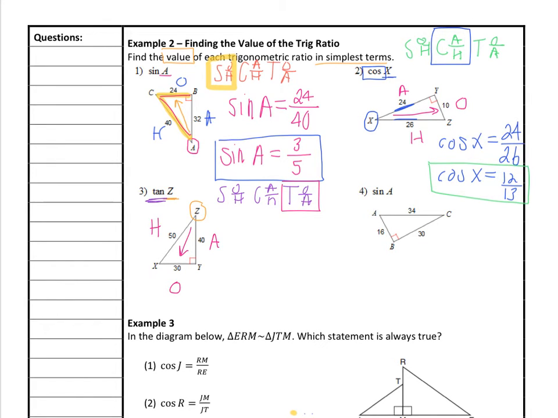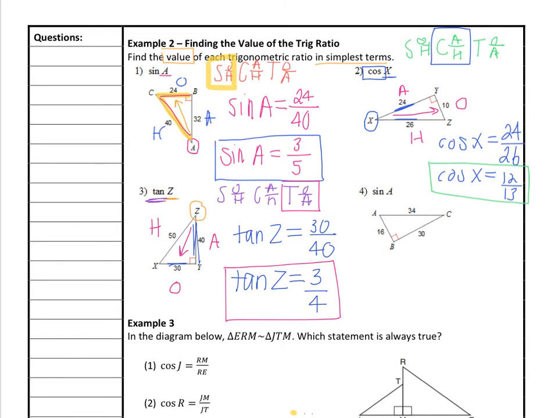So if we write out our answer, tan of z, I need O over A. Well, here was my O, so 30 over A, and here was my A side, which is 40. And if you look at that, hopefully that's the one that in your brain you're like, oh, that can definitely simplify. 30 over 40, divide those both by 10. Tan of z is going to be 3 over 4.